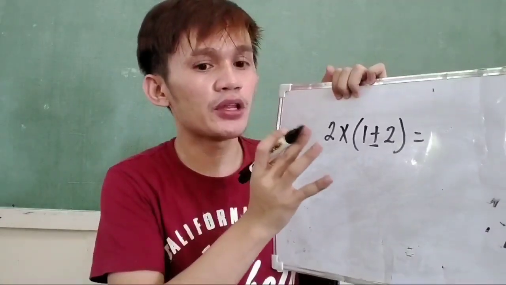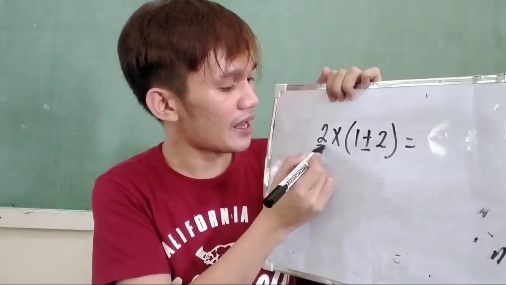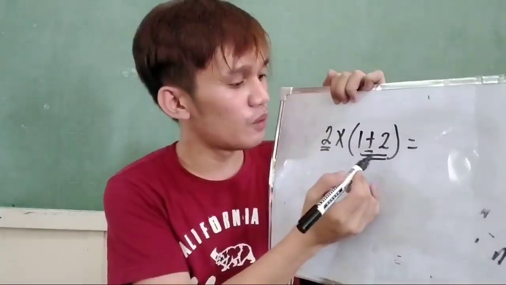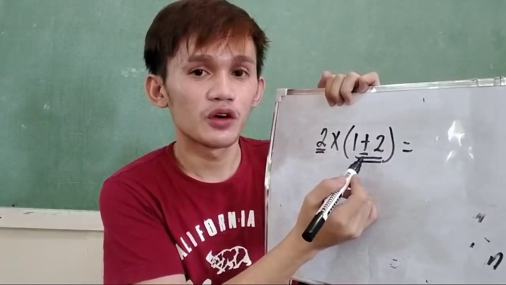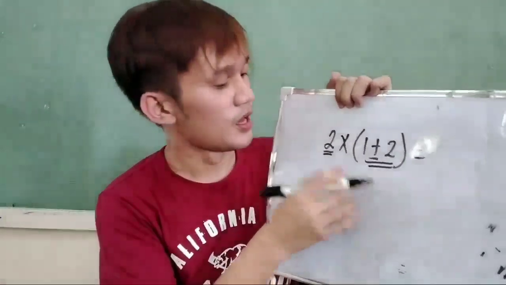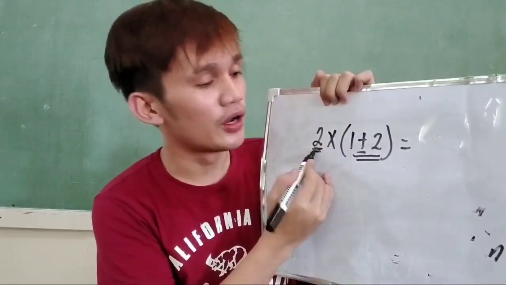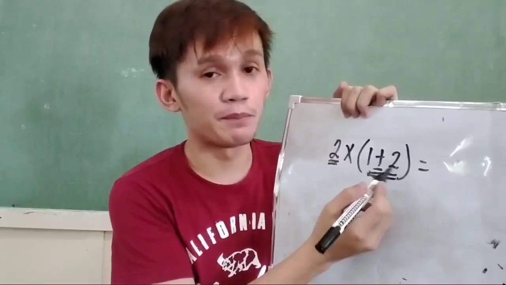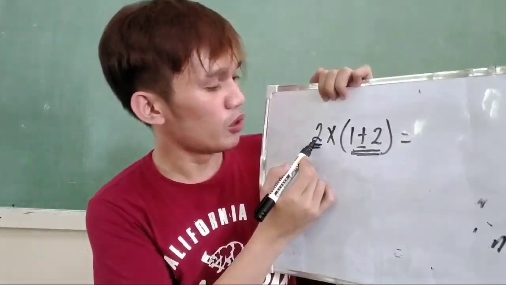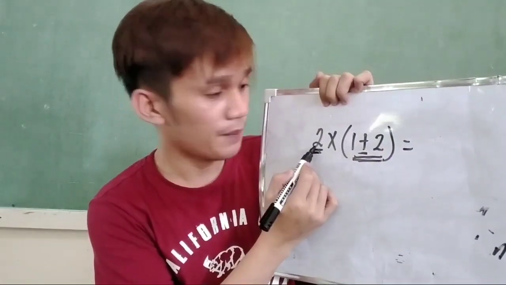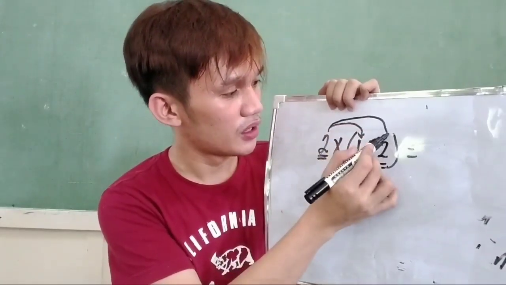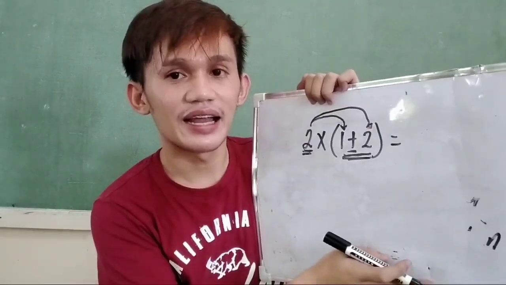Based on the property, if we multiply a number to the sum or a difference, and since this is addition, technically it's the sum, the result will be the same as if we multiply this number to the first number and also to the next number.